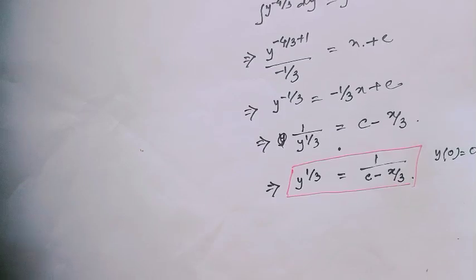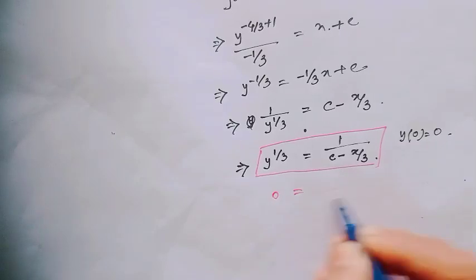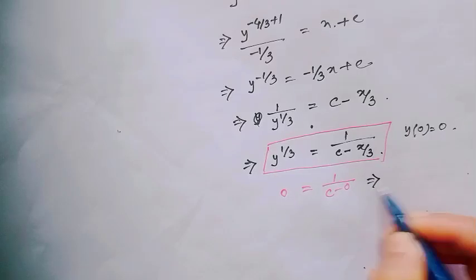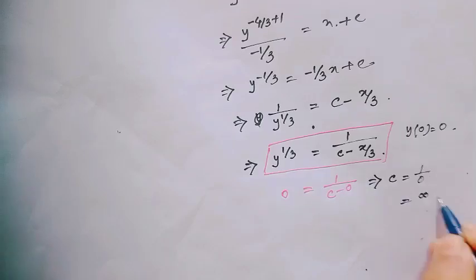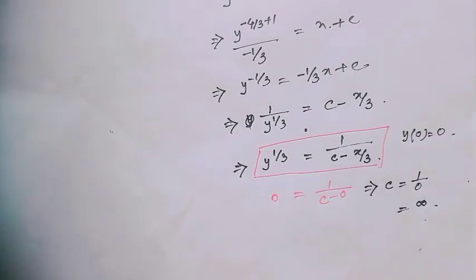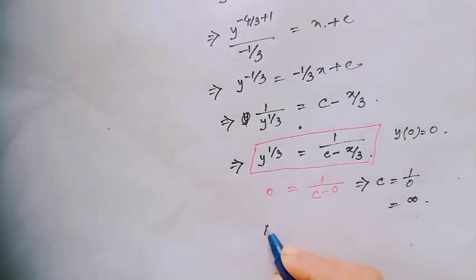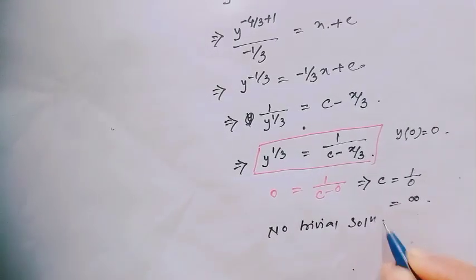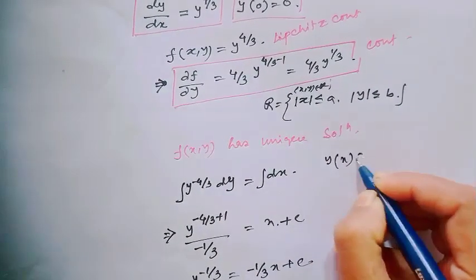If we put this condition, then 0 equal to 1/(c - 0). That implies c equal to 1/0, and 1/0 means infinity. That means there exists no non-trivial solution.